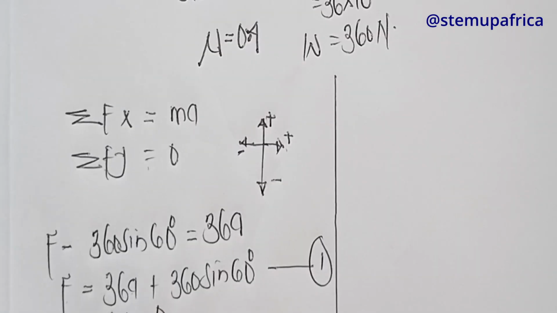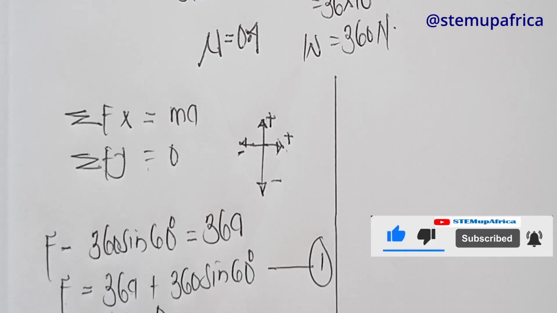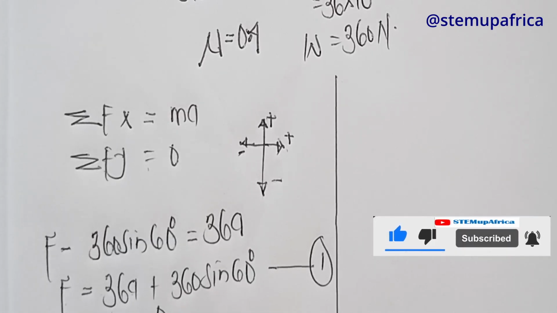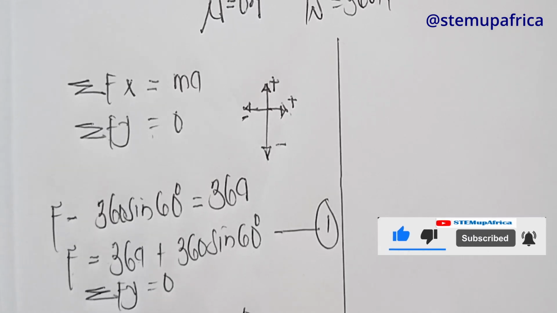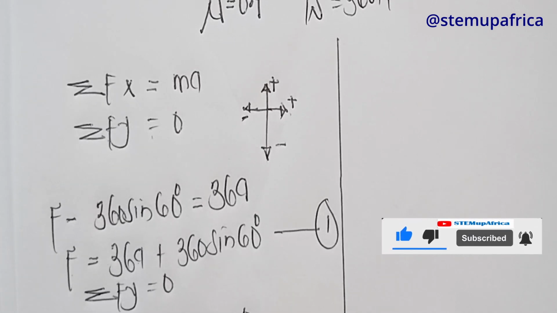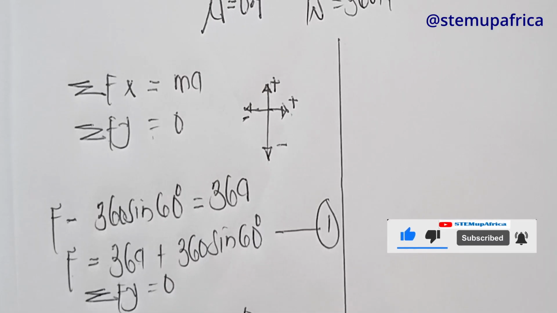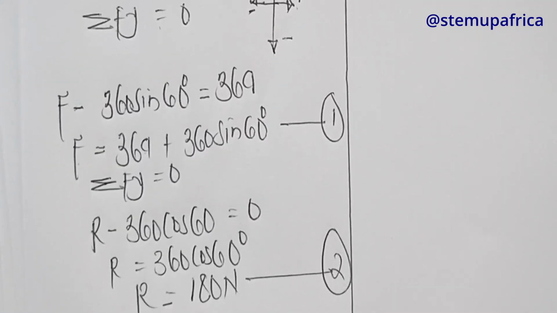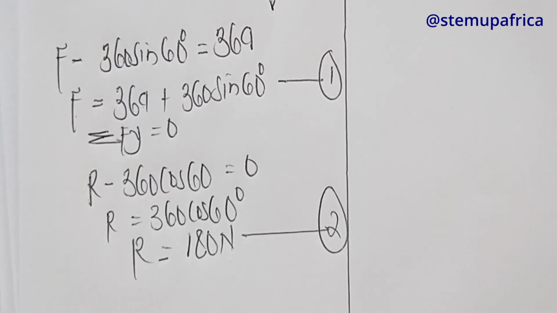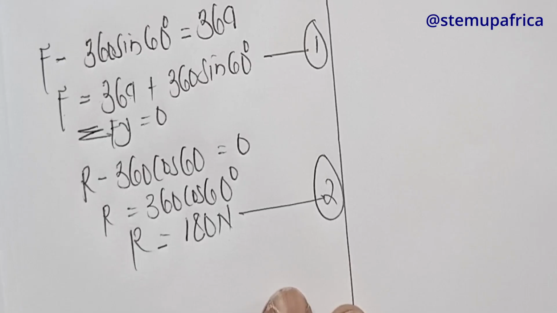So I'm going to have R minus 360 cos 60 degrees equals 0. So my R will be 360 cos 60 degrees. So R will give us 180 Newton. Let's take that as equation 2.